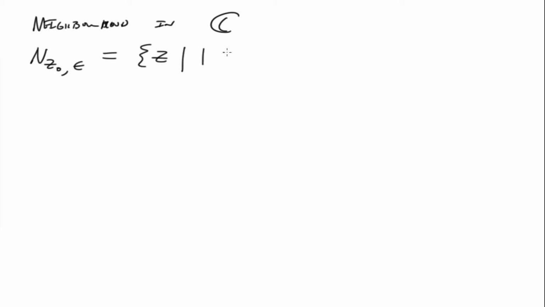Now, neighborhoods in the complex plane, we're going to write them like this, N of z naught, comma epsilon, is going to be equal to the set of all z points such that the modulus of z minus z naught is less than epsilon.